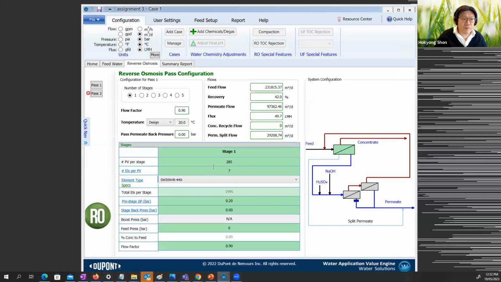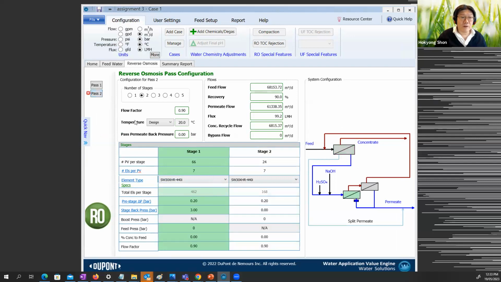Then he used the PV for staging. How many did he get? 285, and then 7 elements per pressure vessel. So he used the same membrane, and then he looks at the second pass. He wants to put some sodium hydroxide and H2SO4.